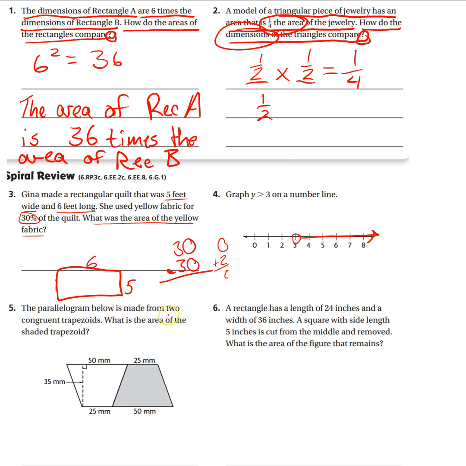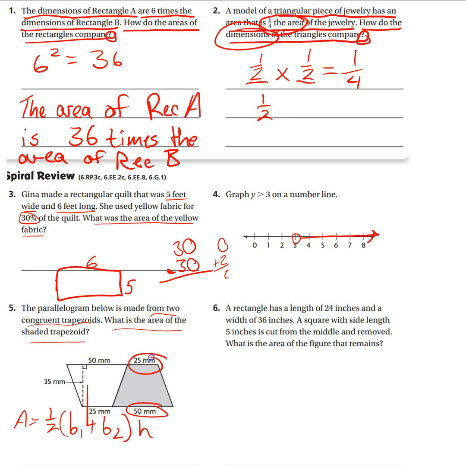The parallelogram below is made from 2 congruent trapezoids. What is the area of the shaded trapezoid? So both trapezoids are equivalent. So you could do one of 2 things. If you are familiar with the area of a trapezoid, you can do that formula.